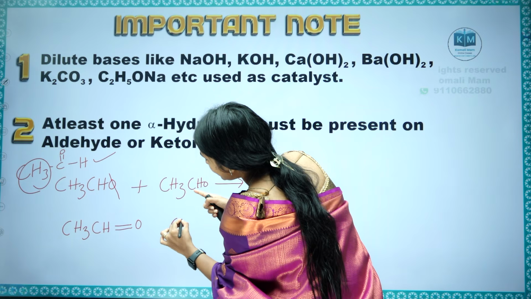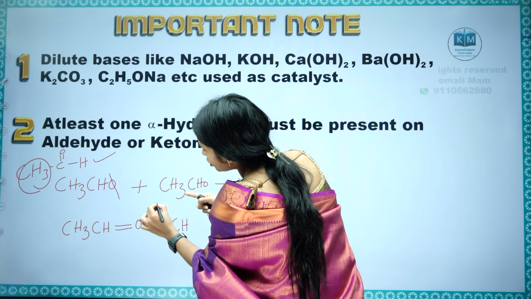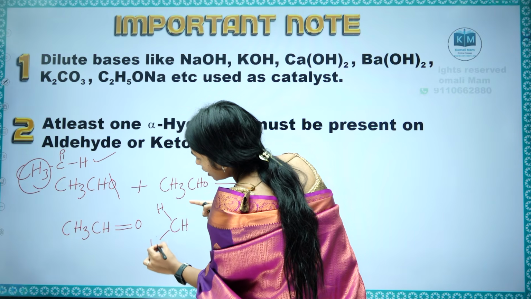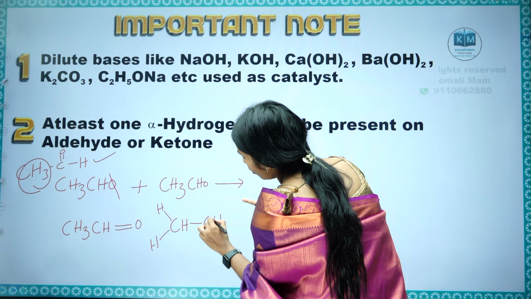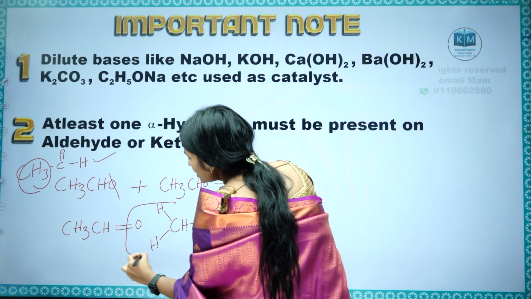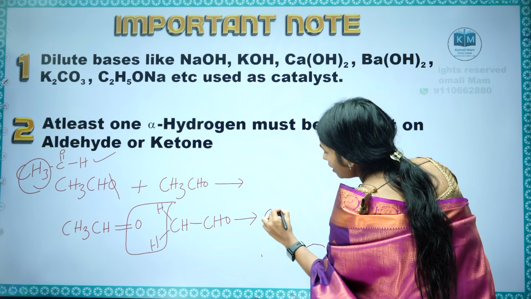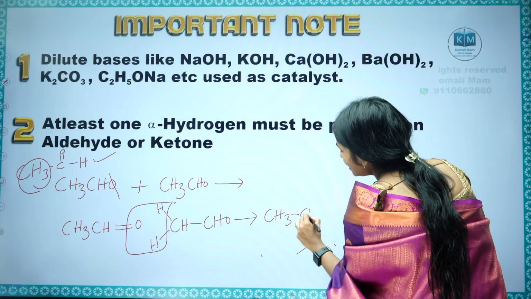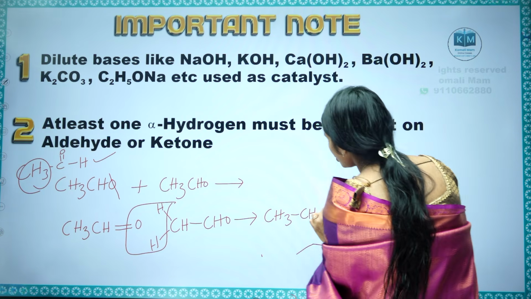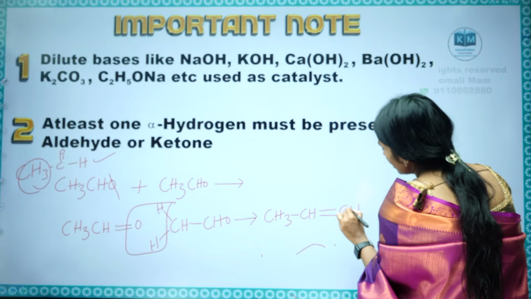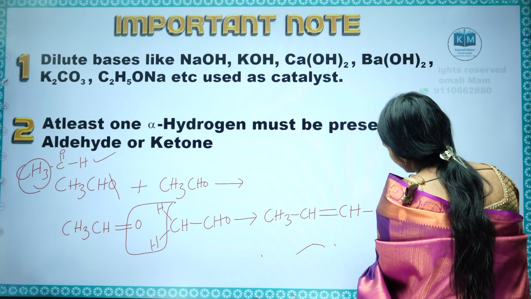Next one, CH. Here I am showing 2 hydrogens. After that, CHO. Then these 2 hydrogens and this oxygen go out as H2O. So what is the product? Tell me. CH3, CH. Once you remove H2O, just put a double bond there. That's it. You will get your product.